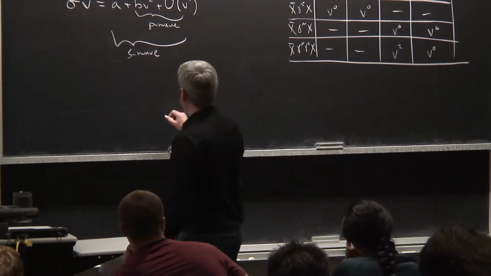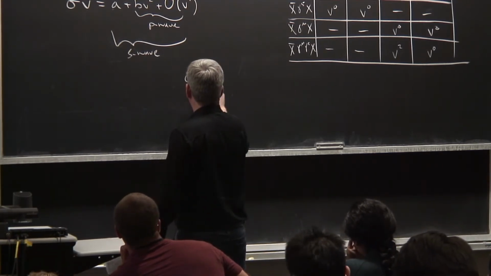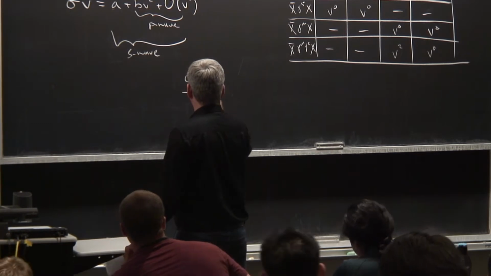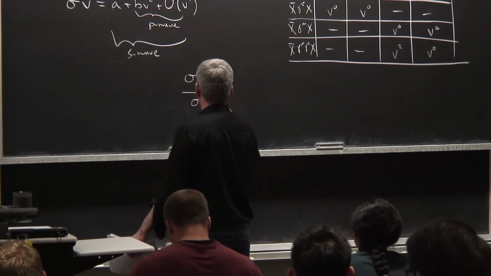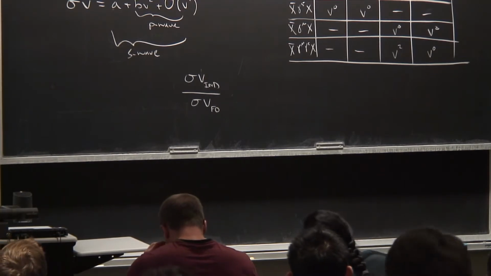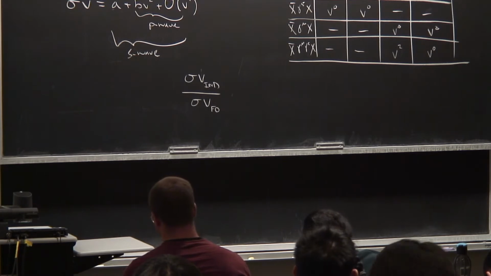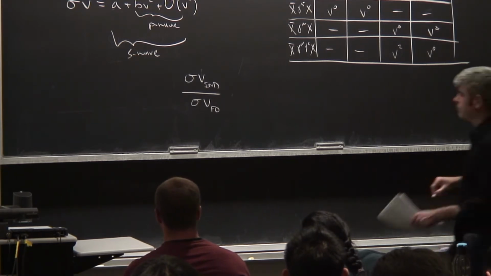So if we have something with a v squared cross section, the cross section that's relevant for indirect detection, over the annihilation cross section that's relevant for thermal freeze out, are very different.